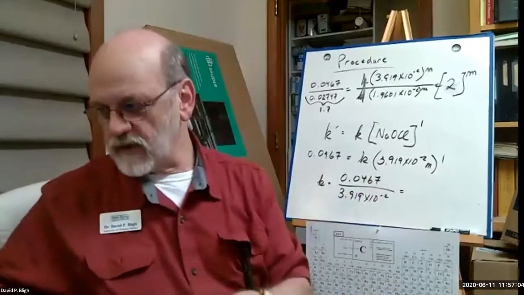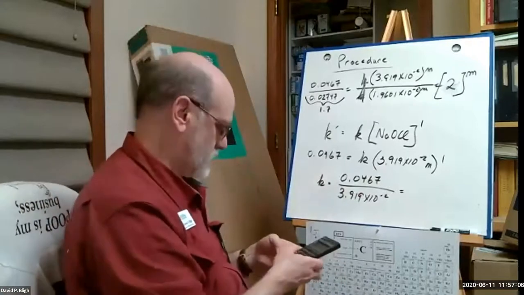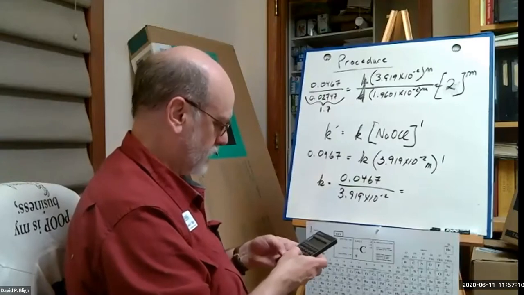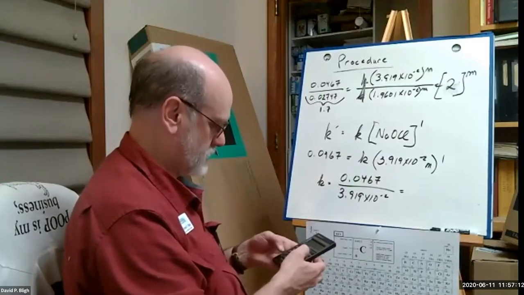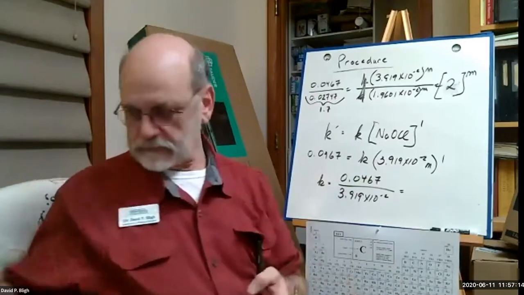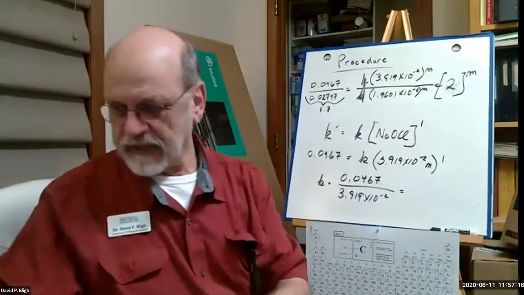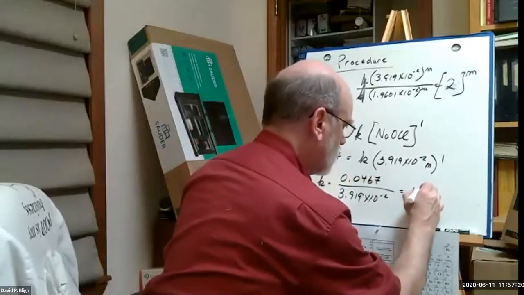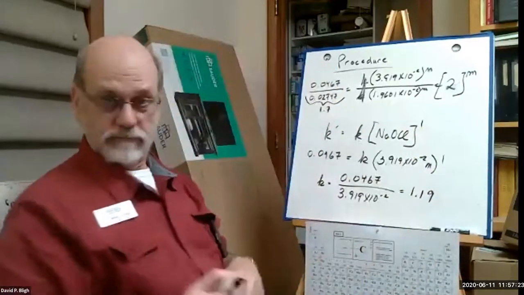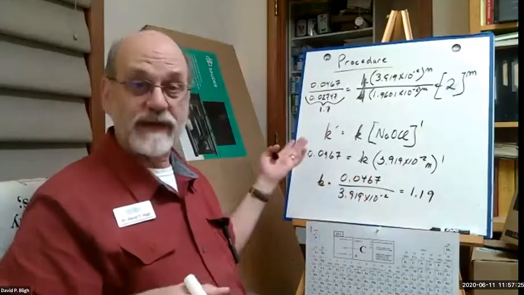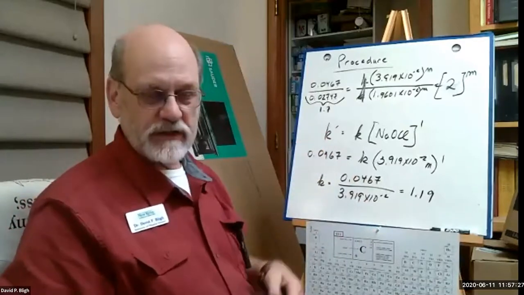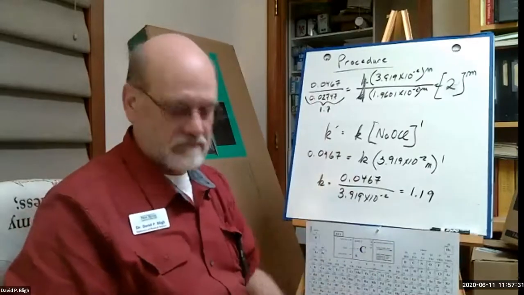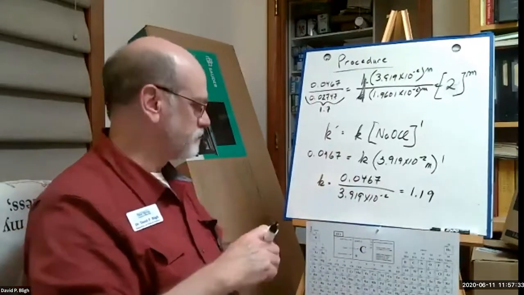So let me do that little calculator trick. 0.0467, 3.919, that's 2 divide. And our K then is 1.19. Okay, there you go. This is for the red dye data. You just need to duplicate these steps for your blue dye data, and you're home free.